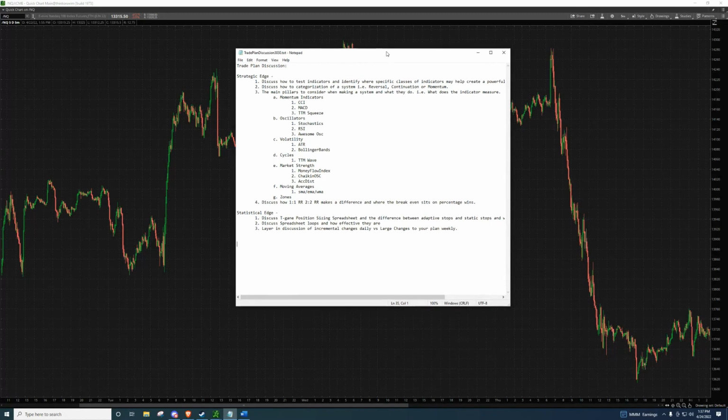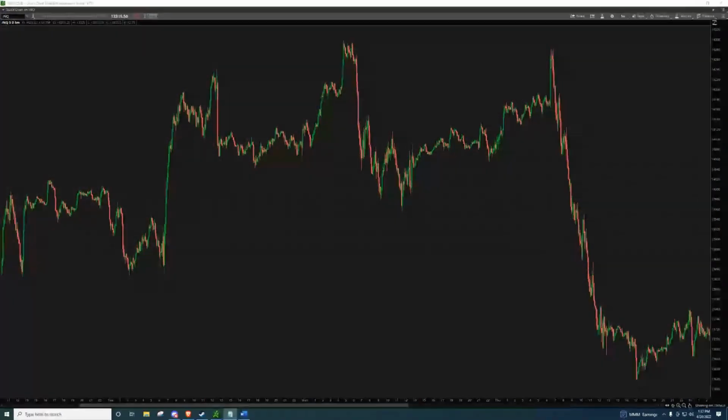Okay. So, there's three main styles of trading that I've basically come to find in 5+ years of trading now. And the three are basically reversals, continuation, and momentum. Now, what we end up doing when we build a strategic edge a lot of times is we start mixing different aspects of each of those into the plan, right?